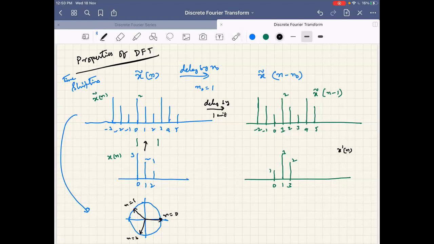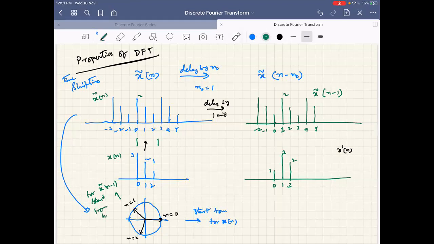Now shifting the periodic sequence means, instead of starting from here, I will start from here. Instead of x of n, we start from x of n minus 1, x tilde of n minus 1.